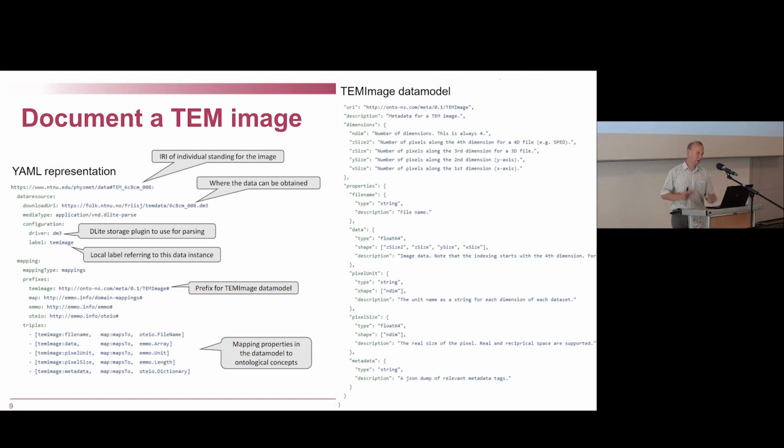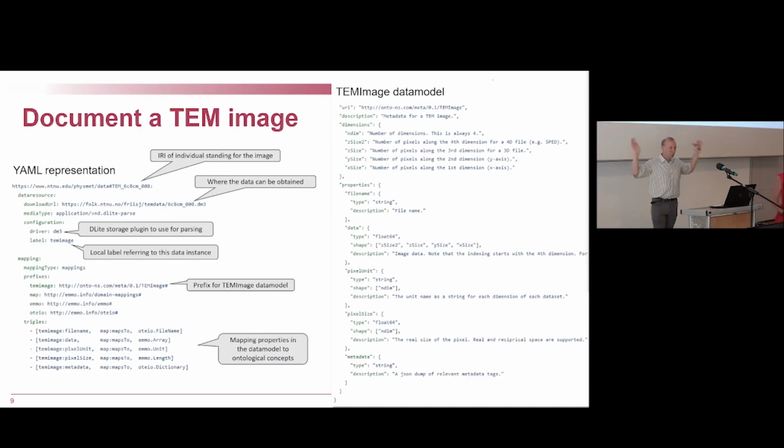The data is, in this case, just a simple array and so on. The pixel unit is a unit. It could even have been a length unit, and so on. The pixel size is a length. This is the way we are documenting the data sources.